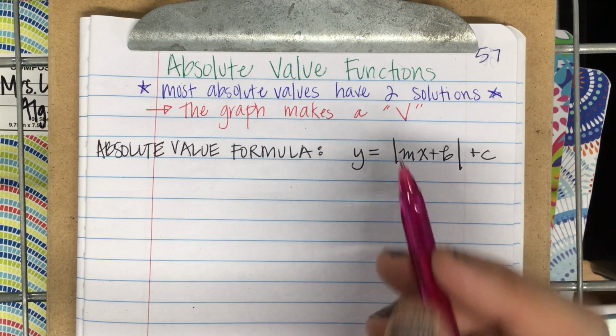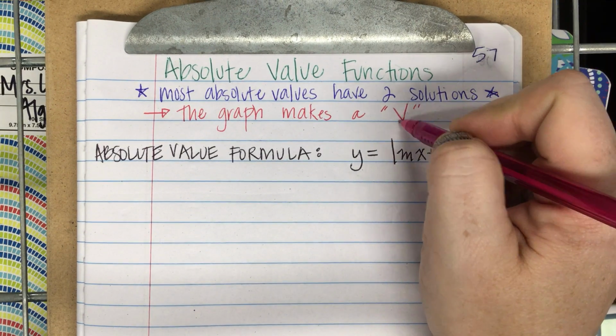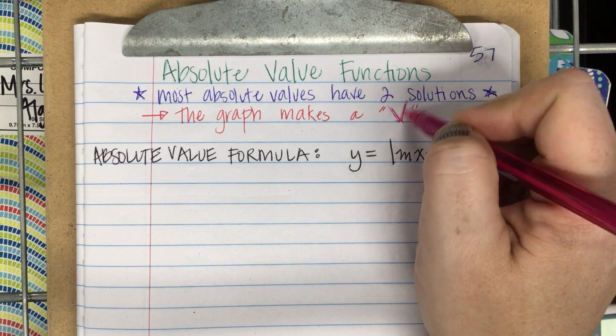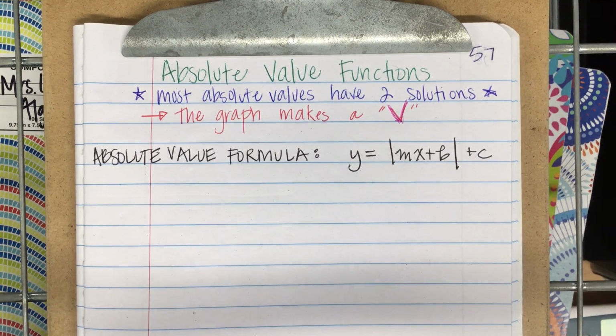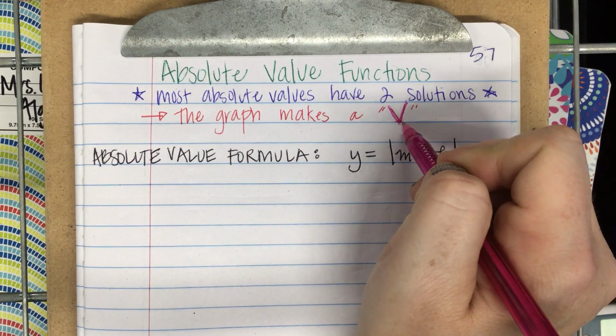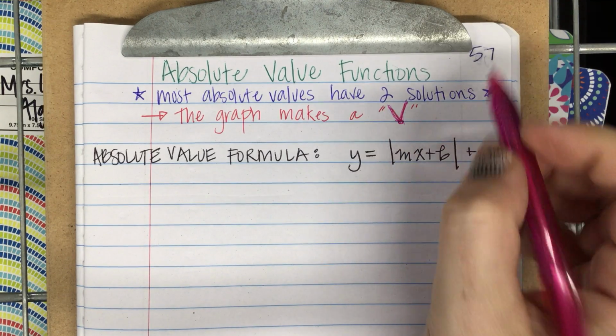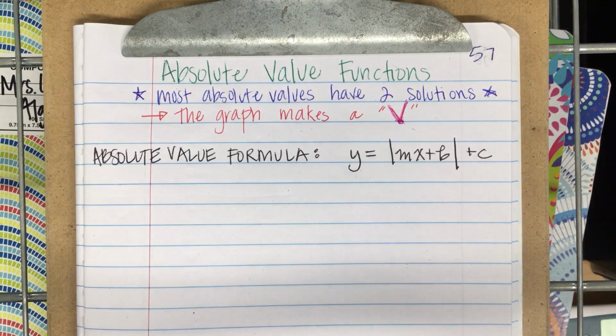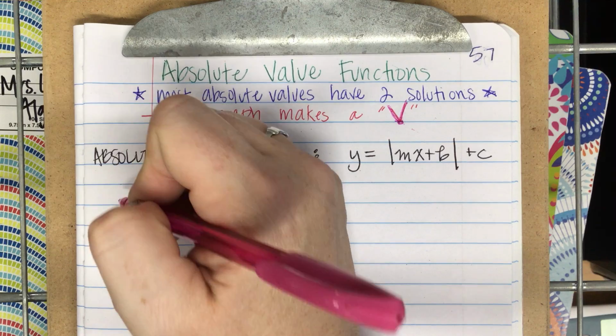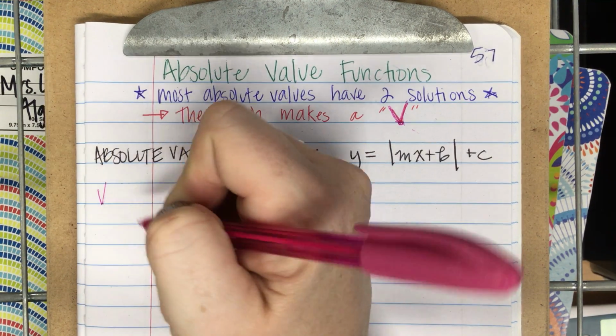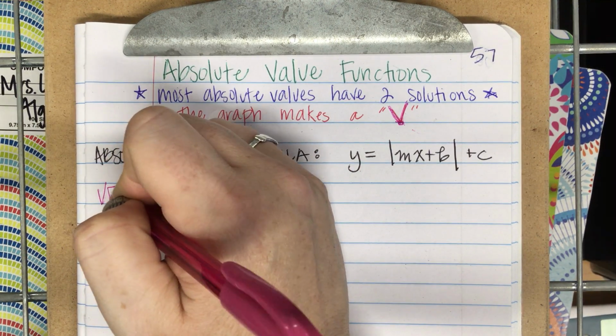So when we're graphing, we're making a V, right? That's our end result. That's the absolute value function, is this V. Do you know what this point right here at the very bottom, or maybe if it was upside down, would be called? What's that point called? What's the corner of a shape? Vertex.